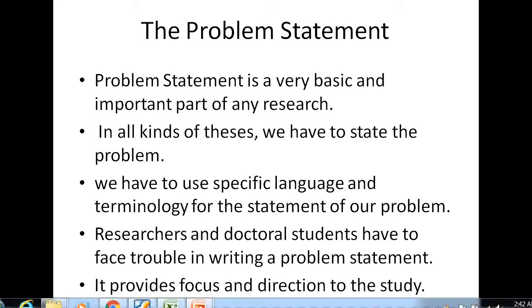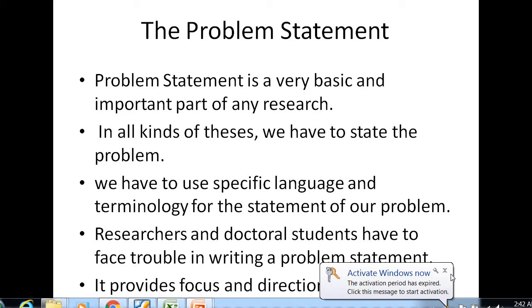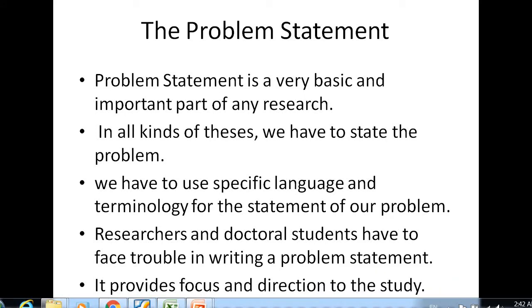Dear students, if I could remind you, when we were studying the design of the research or how to plan a good research, we also discussed the topic or the identification of the problem.